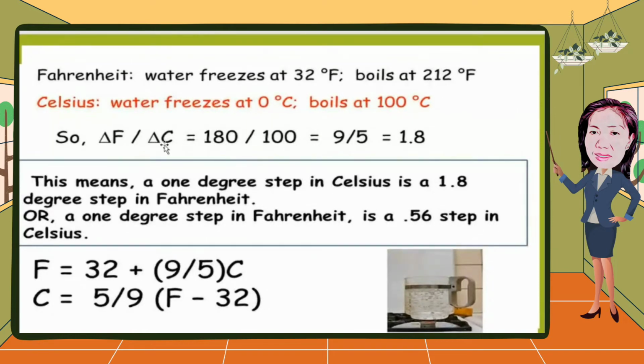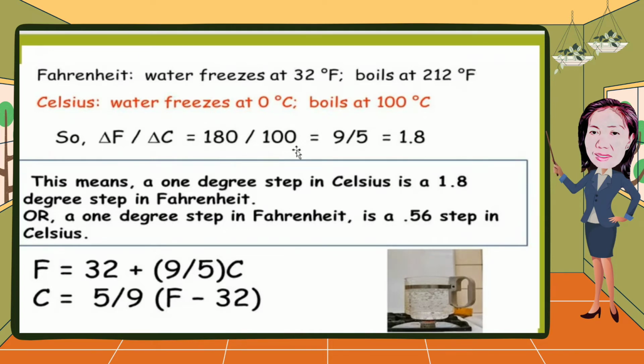And the change in Celsius is 100. Where did I get this 100? 100 minus 0. That's the freezing point and boiling point interval in Celsius. That is why 180 divided by 100.